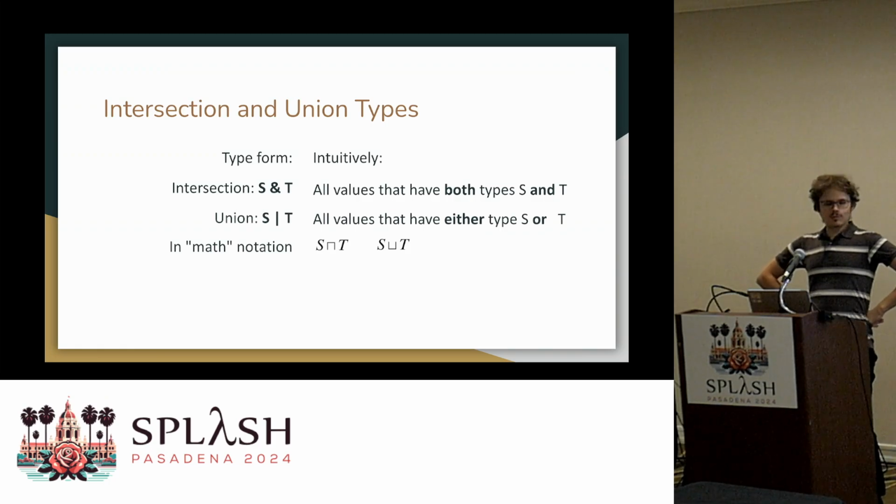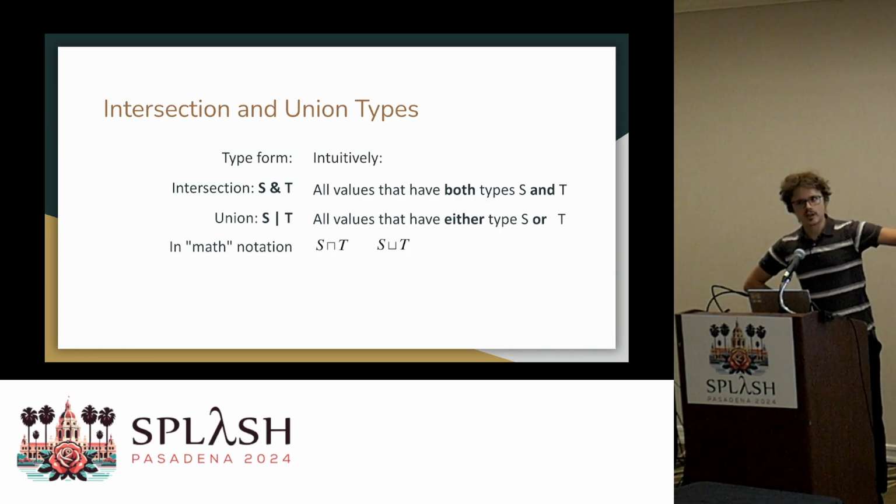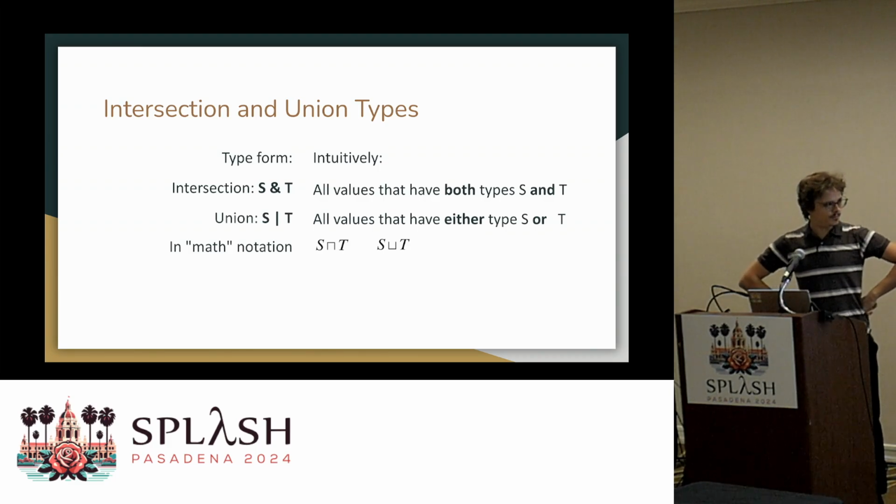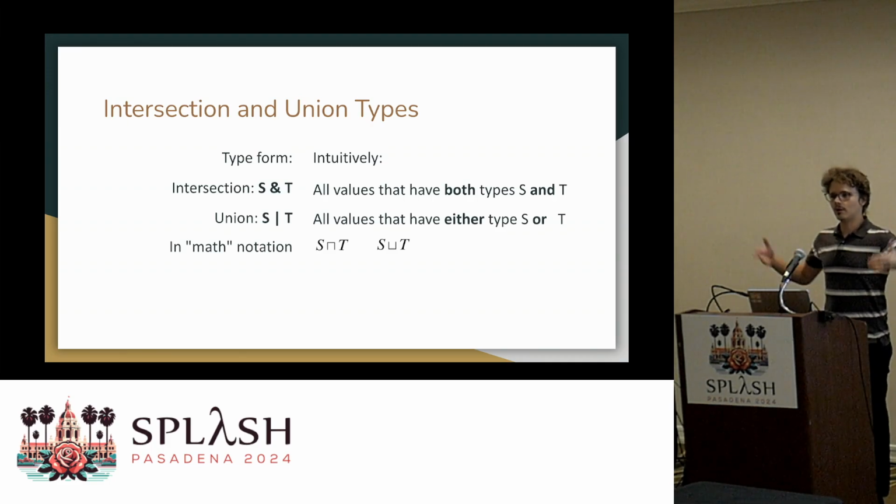And sometimes in math notation, we use this square cup and square cap notation to denote that this is an algebraic operation. It doesn't necessarily correspond to a set intersection or a set union, but more like an algebraic operation.